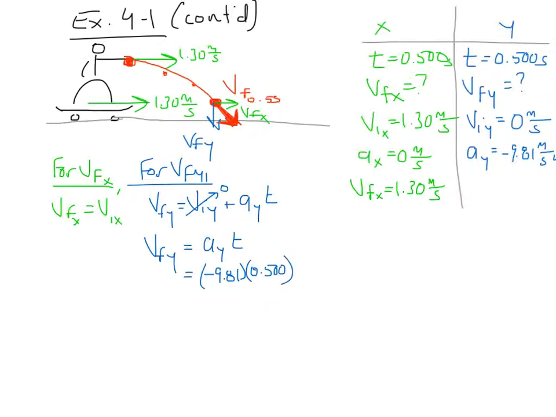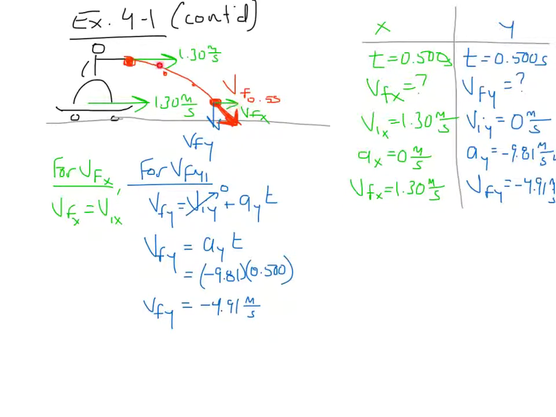What does that wind up being for a final velocity in the y direction? Well, 0.5 times that is going to be negative 4.91 meters per second. Final velocity in the y direction is negative 4.91 meters per second. So the initial velocity in the x is the final velocity in the x.